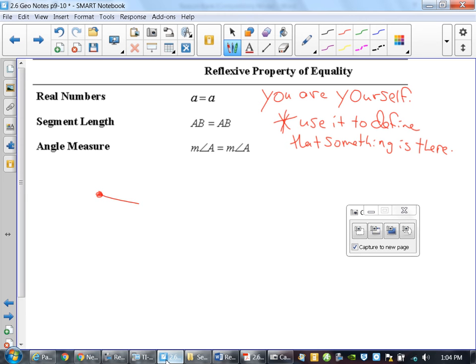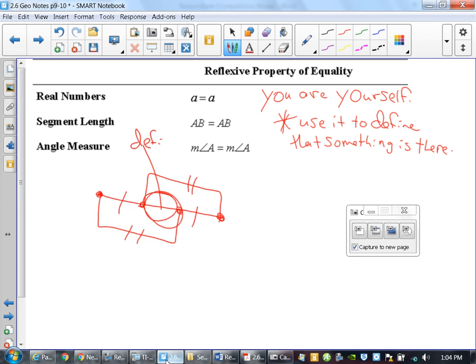That means that, quite literally, when you have an overlapped segment, if you're starting from here and you need to show the larger one, you have to define the middle. When you have to define an overlapped part, it happens with segments, and it happens the exact same way with angles.